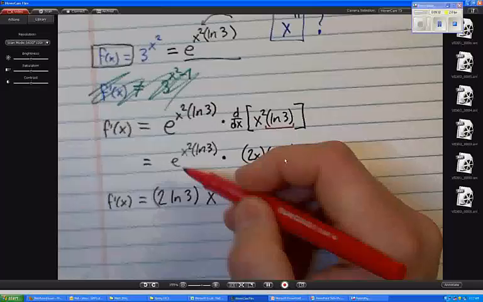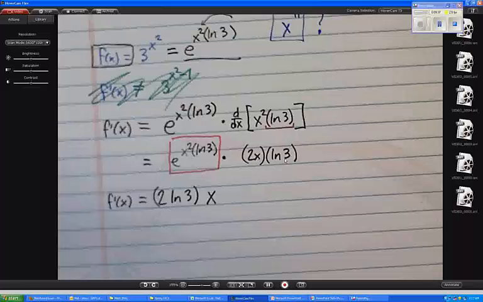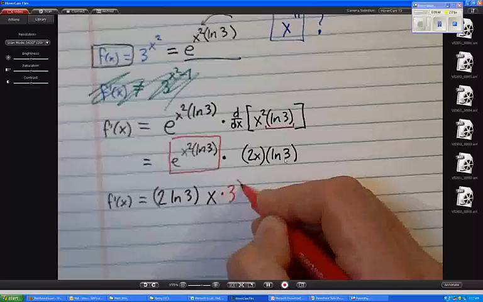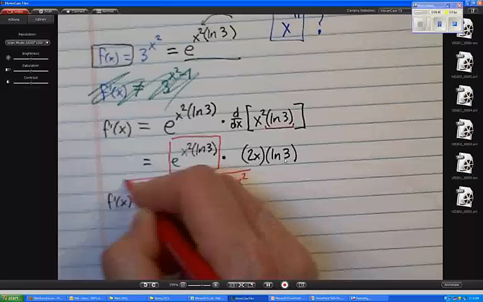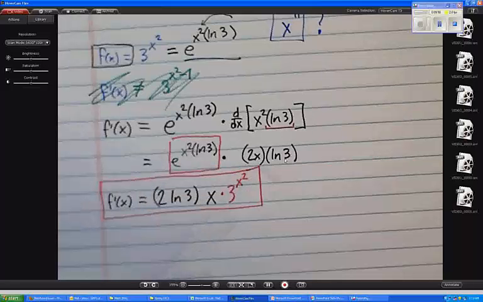I don't want to write this anymore, because didn't I start with a form that was a little bit cleaner than that? What am I going to write? Times 3 to the x squared power. There's your derivative. Okay. You guys see how that works?